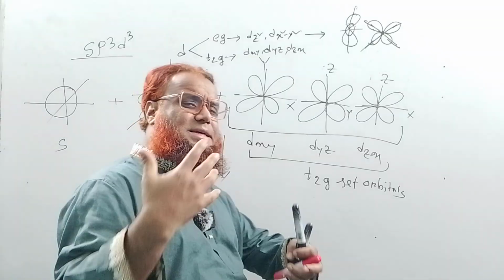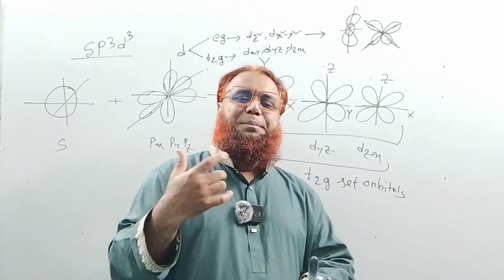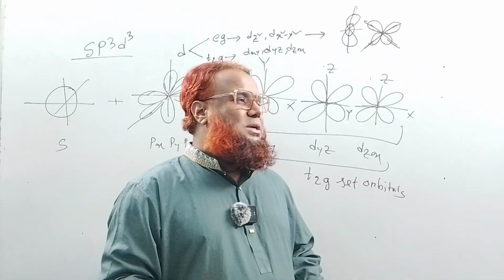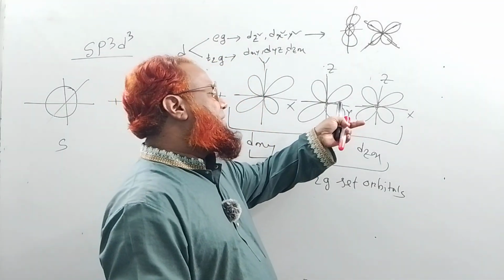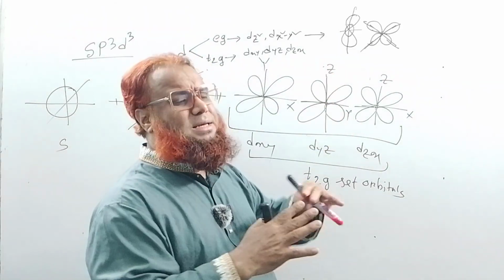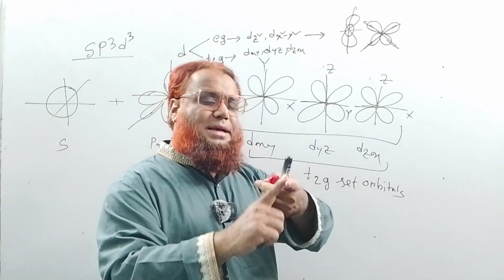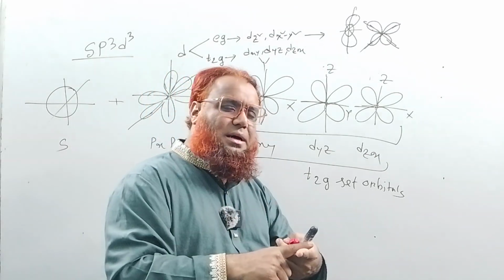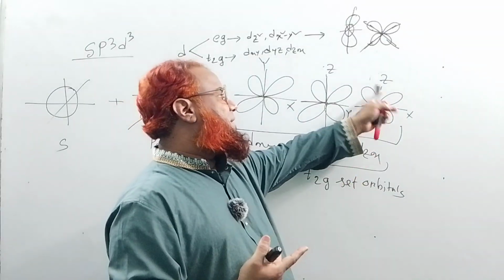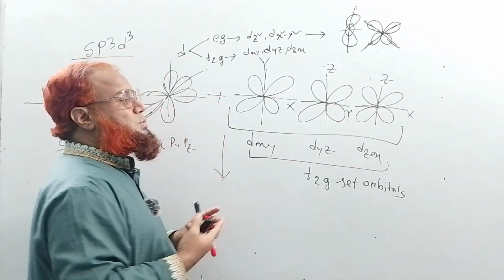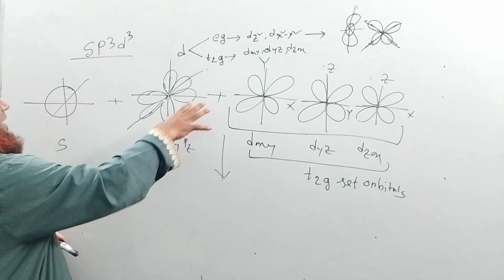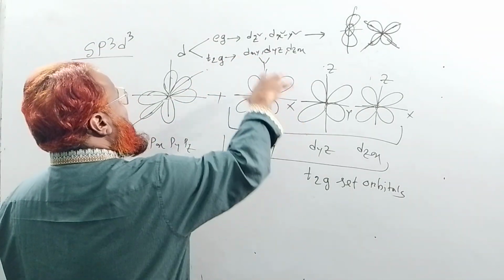Actually, all these axes are perpendicular to each other, making a 90 degree angle. So whether it is written y or z or x is immaterial, because any two axes are present to each other making a 90 degree bond angle. Okay, these are the basic concepts about this.